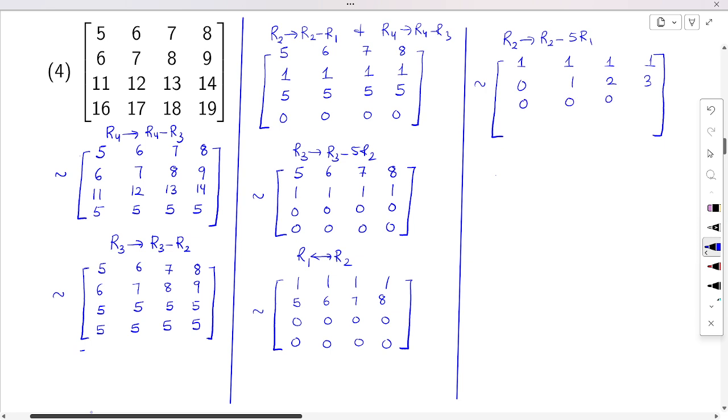And after this matrix has been reduced into its row echelon form, in its row echelon form it has two non-zero rows, so the rank of the matrix A is 2.